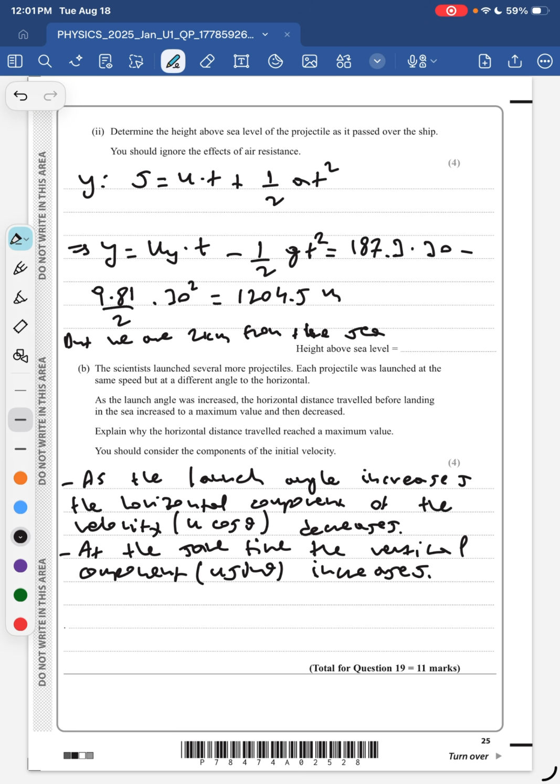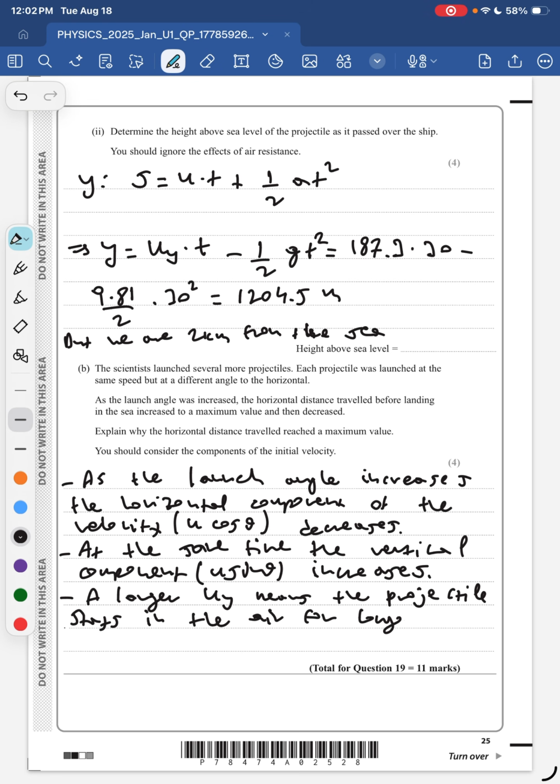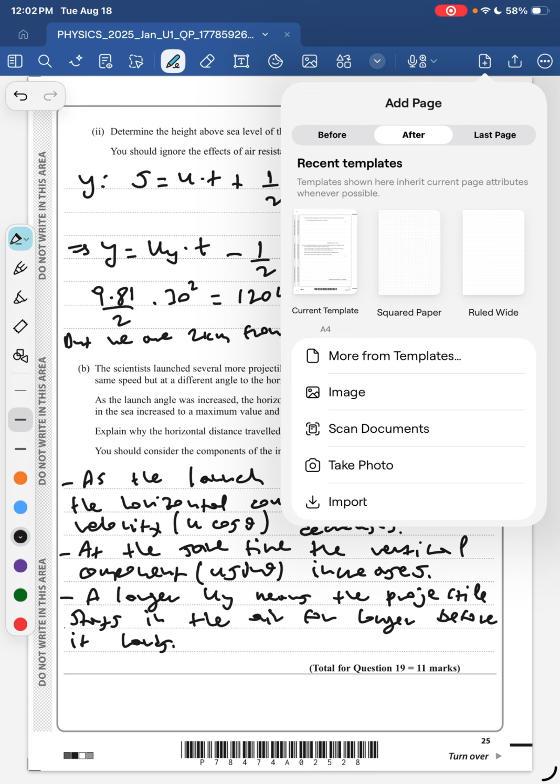So a larger uy means the projectile stays in the air for longer before it lands. Let's create a clean page.